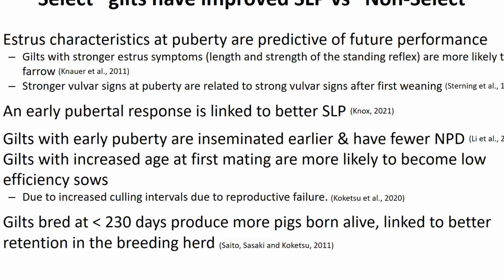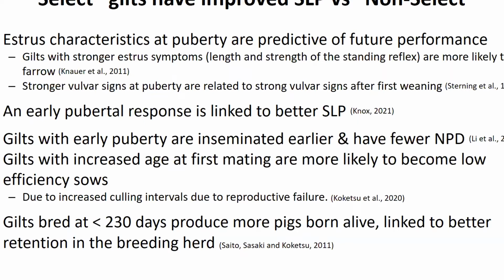We know that an early pubertal response is linked to better lifetime productivity. We also know that gilts with early puberty are inseminated earlier and have fewer non-productive days. Gilts with increased age at first mating are more likely to become low efficiency sows, and this is really due to increased culling intervals related to reproductive failures.